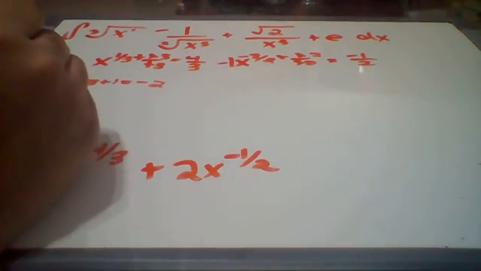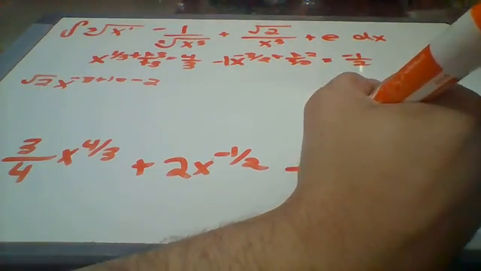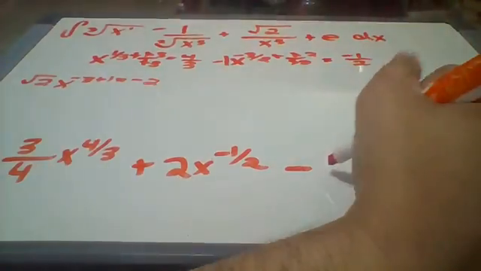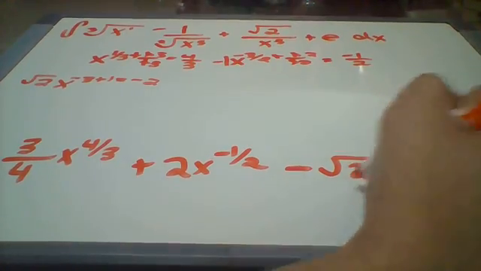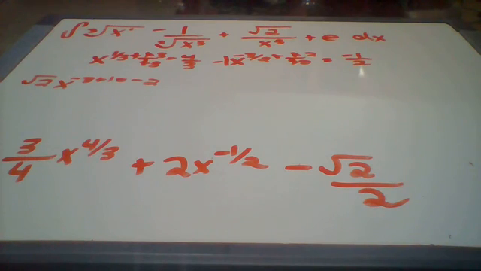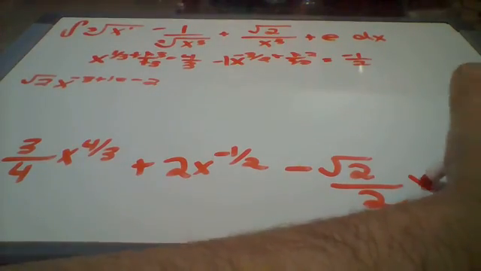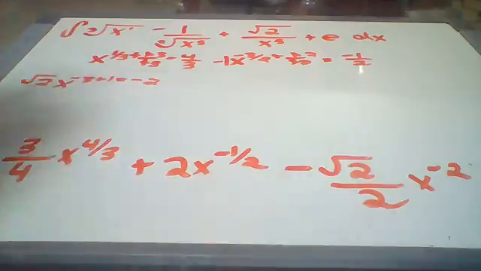So this would be minus, because of the negative, the square root of 2 over 2 x to the negative 2.